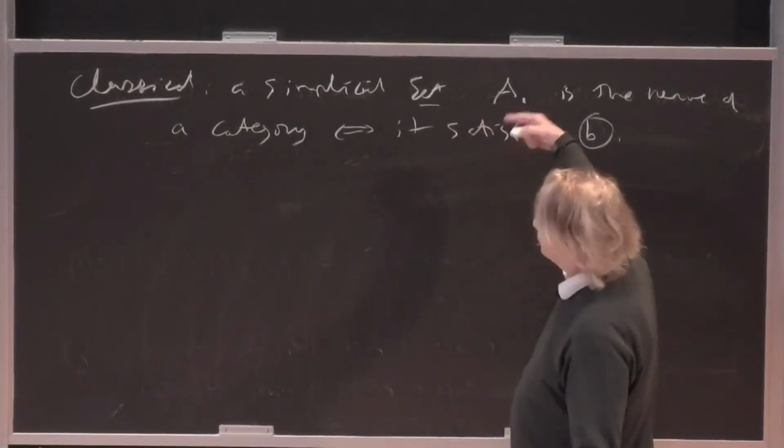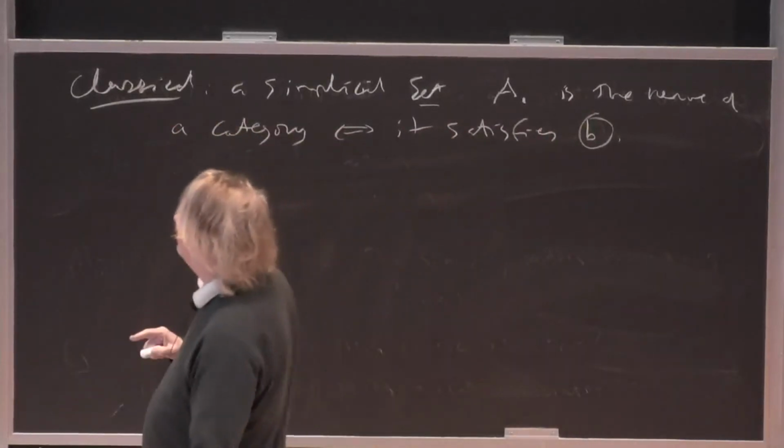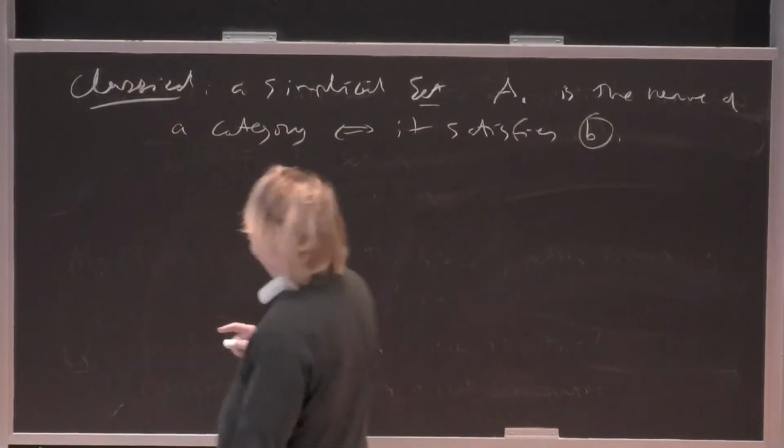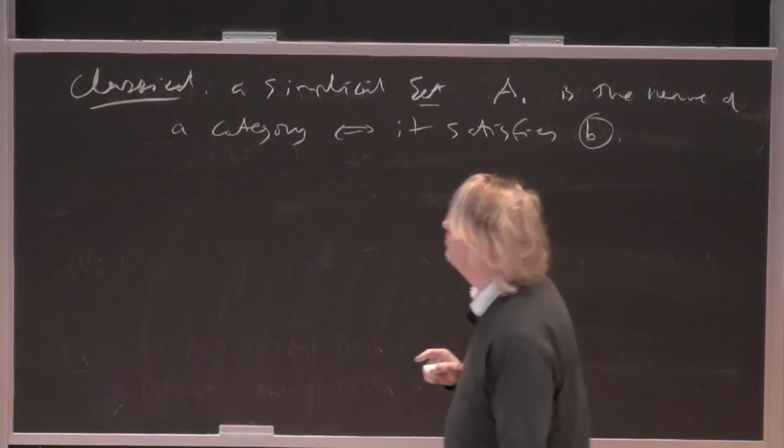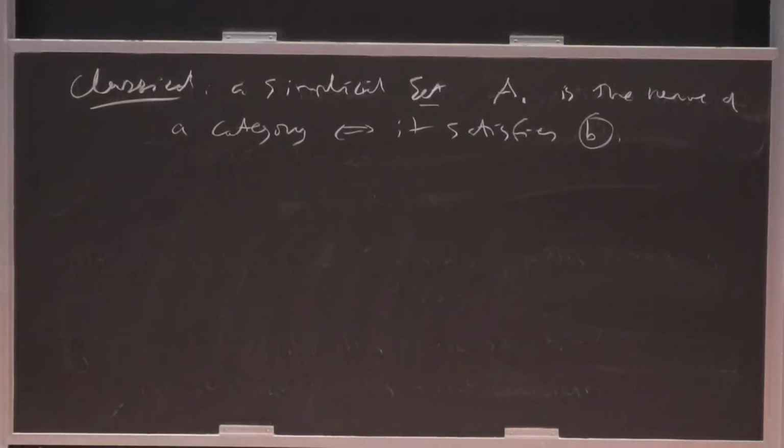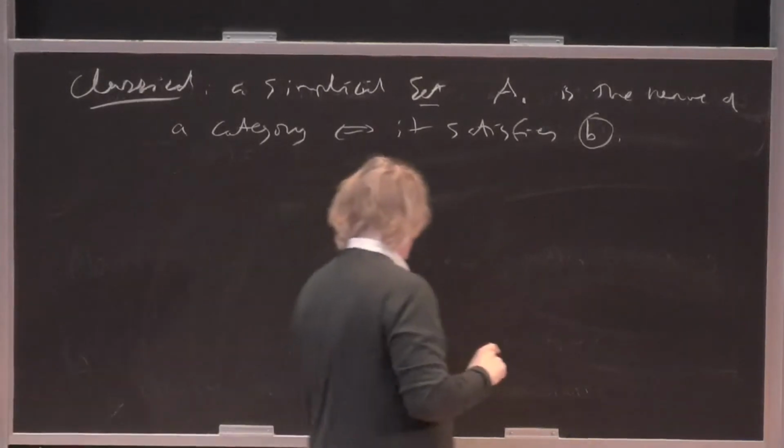Of course, if you have a simplicial set, then property A is automatic. Maybe I should write down an A prime here, which is that P0 is a discrete set. This is the thing which can be relaxed in more advanced settings.